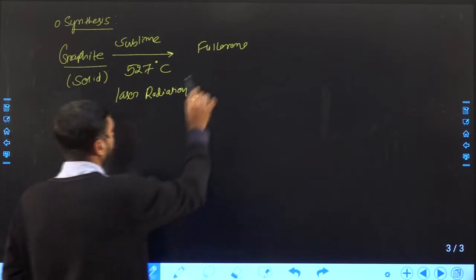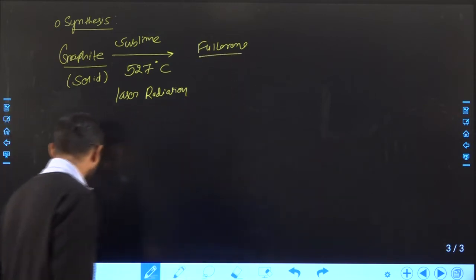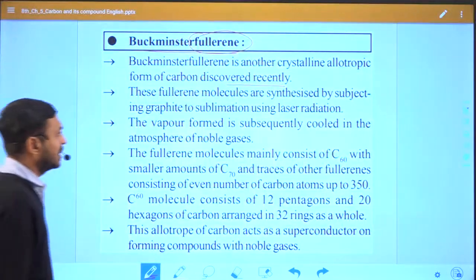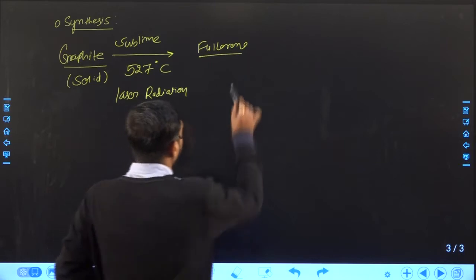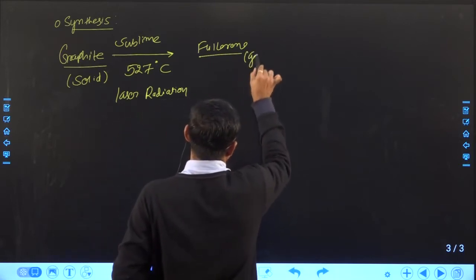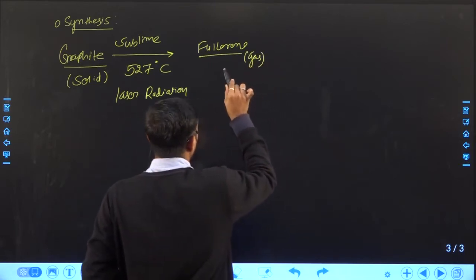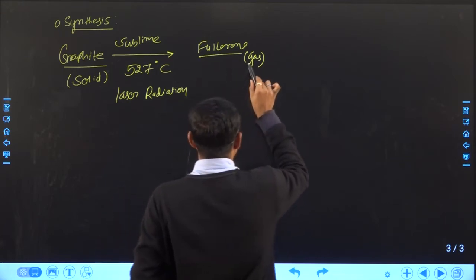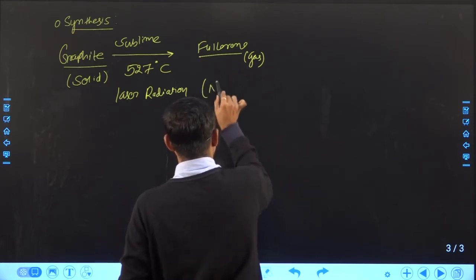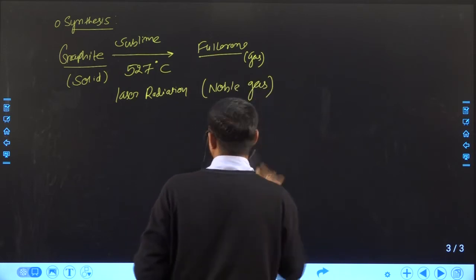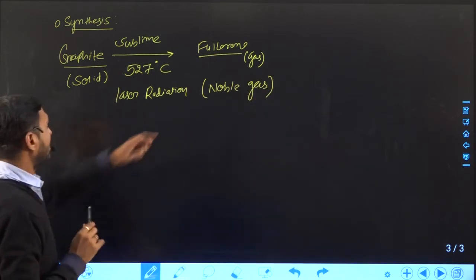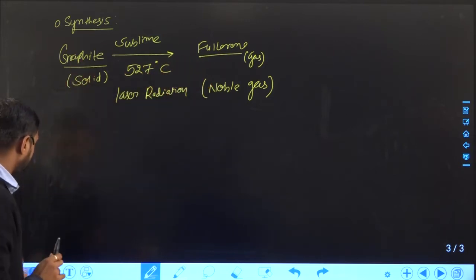After conversion, fullerene is in gas form, which is collected with a noble gas. So this is how we can prepare fullerene from graphite.